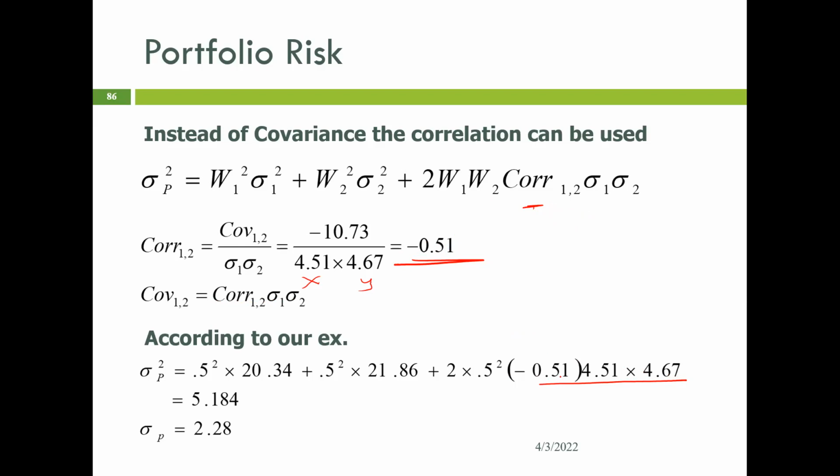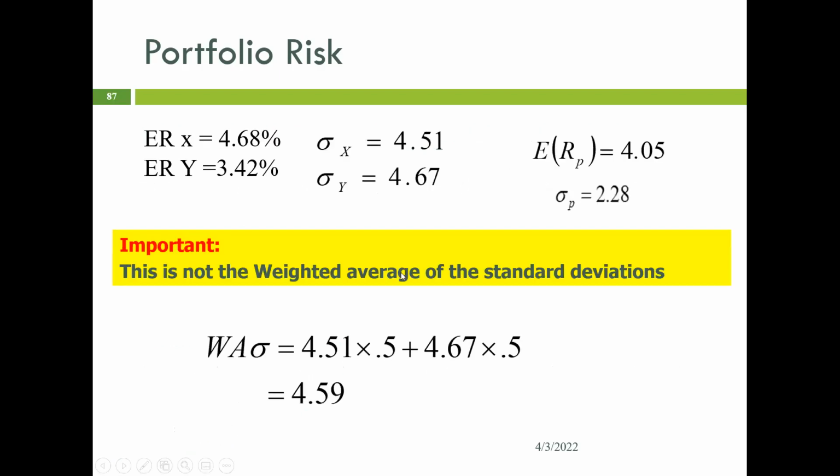So correlation is minus 0.51, standard deviation X, standard deviation Y. All others are the same, so you'll get the same answer, no difference. You will get 2.28 as the portfolio risk. So this is the correlation coefficient. Now I think you are very clear about this calculation.